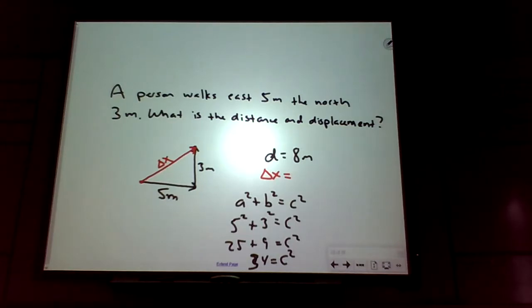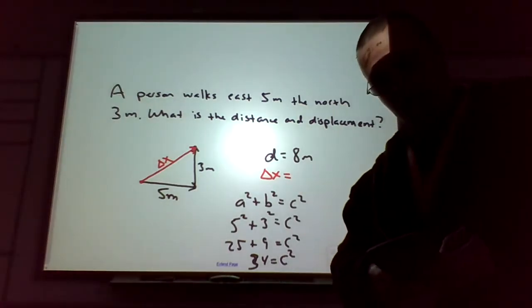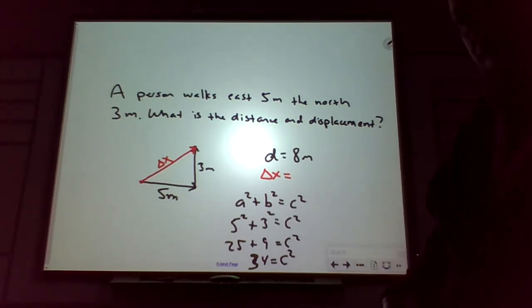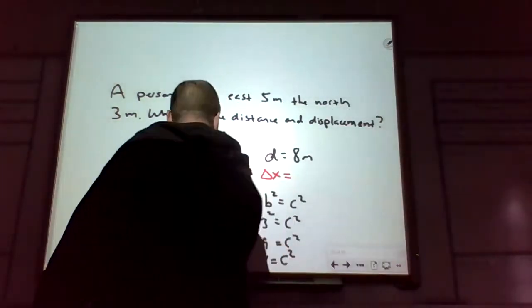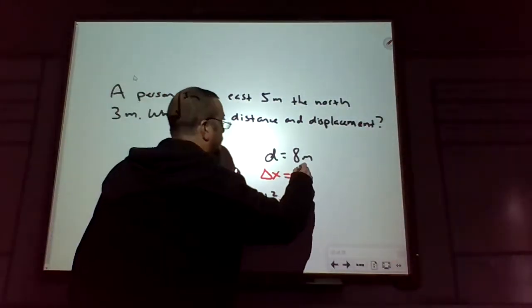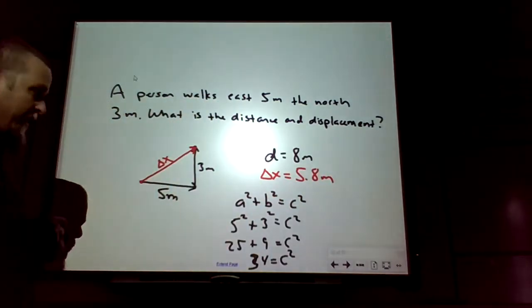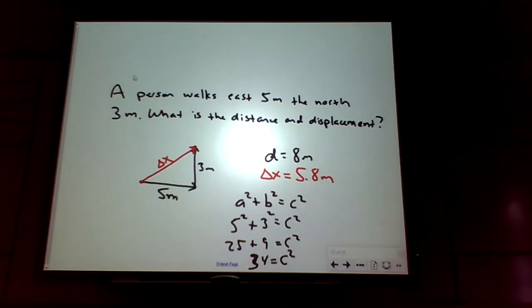And then we need to grab a calculator. Square root 34. So the square root of 34 is 5.8. So my displacement, 5.8 meters.